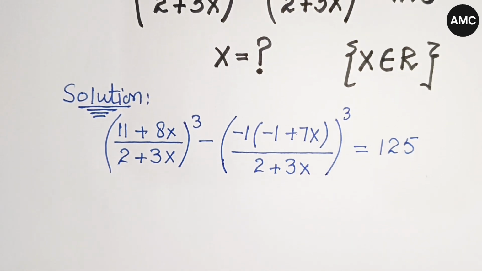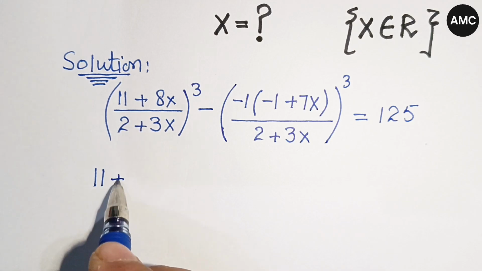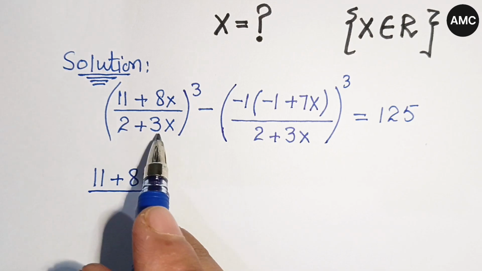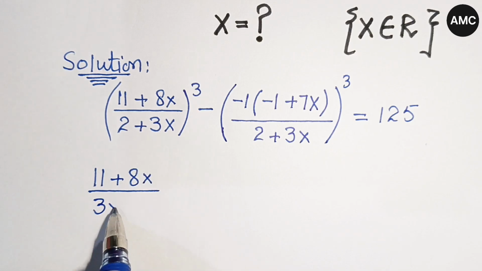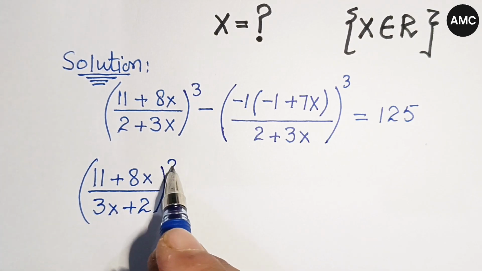Now our second step: writing 11 + 8x as the same, all over 2 + 3x, which can also be written as 3x + 2, there is no difference, whole cubed.